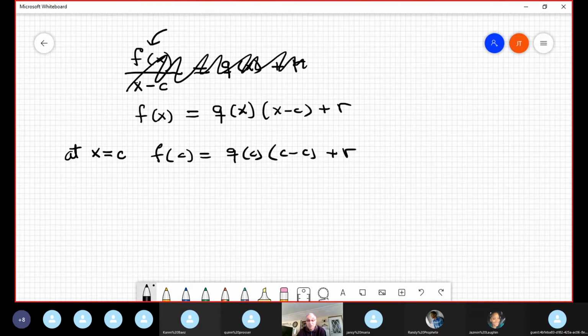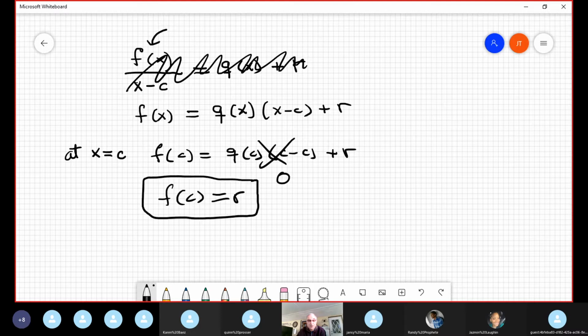And r is just a number without x, so that part is 0. That means f of c is equal to r. Basically, when you plug any number into the polynomial, you get the remainder. However, see the remainder is 0. This is the most important part. That means c represents a factor or zero of the polynomial.